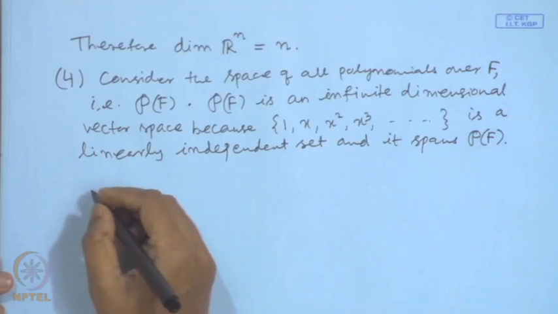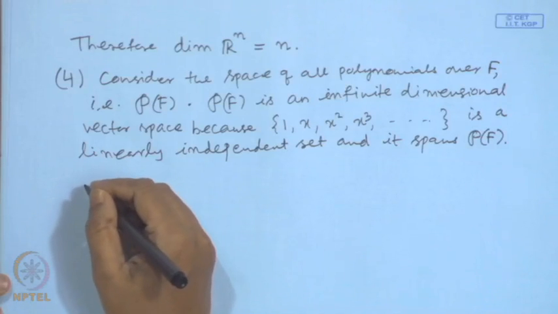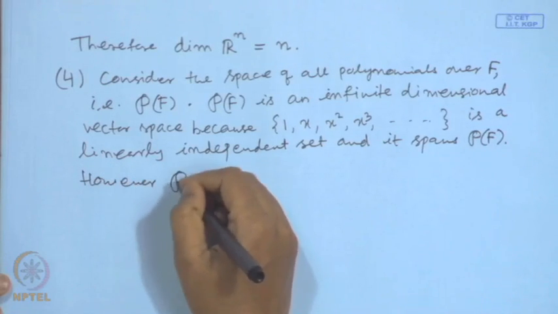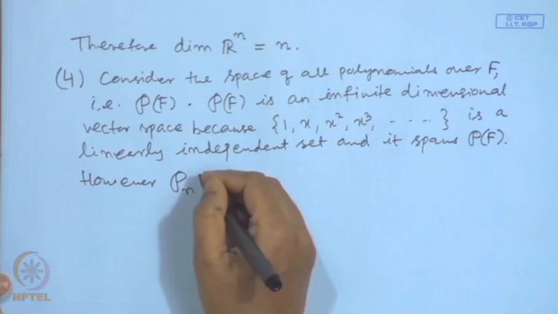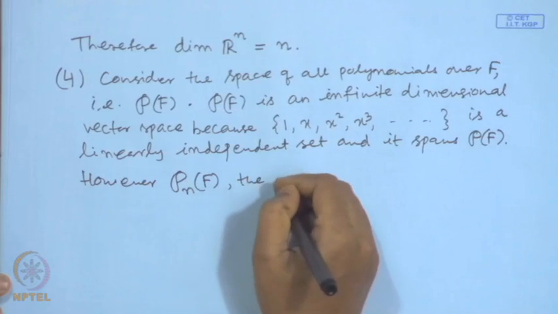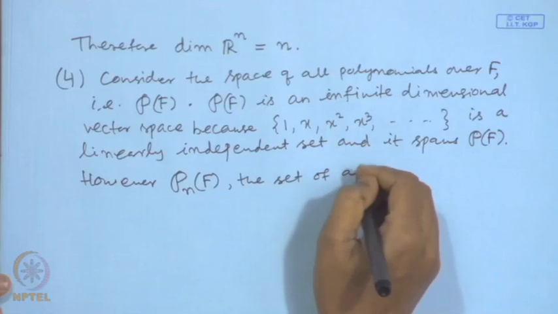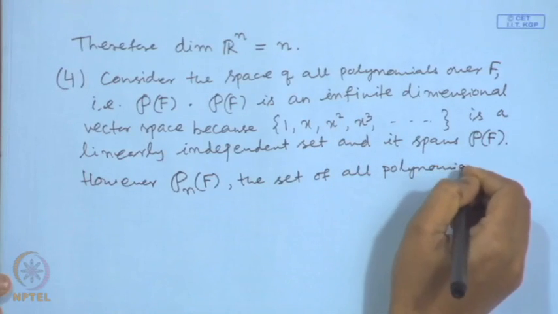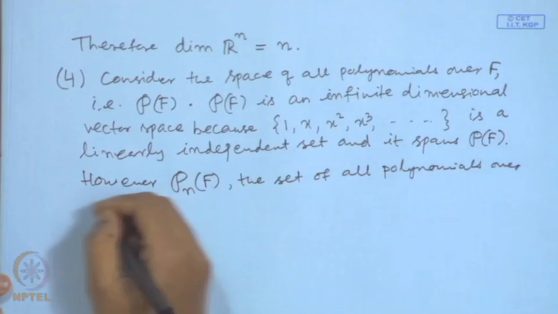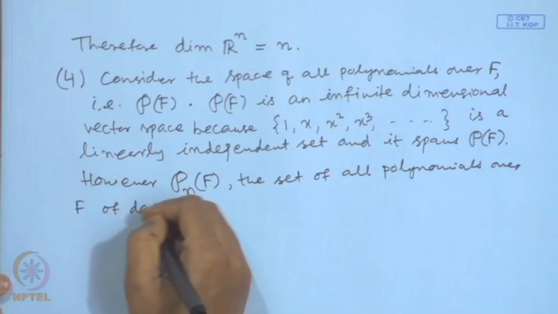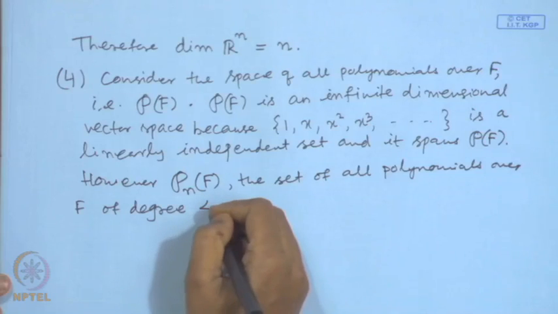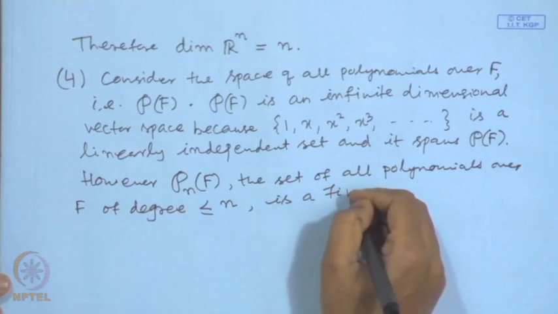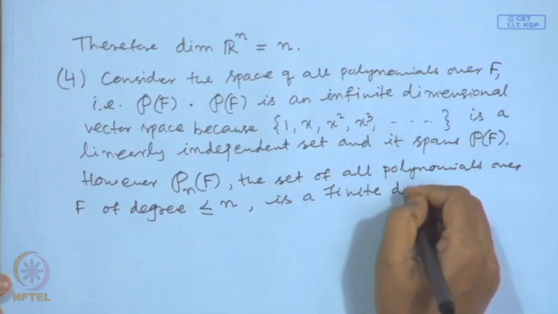However, Pn(F), the set of all polynomials over F of degree less than or equal to n, is a finite dimensional vector space.